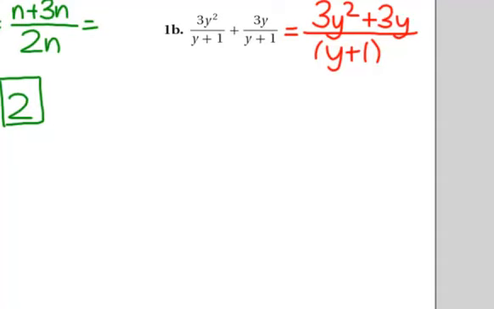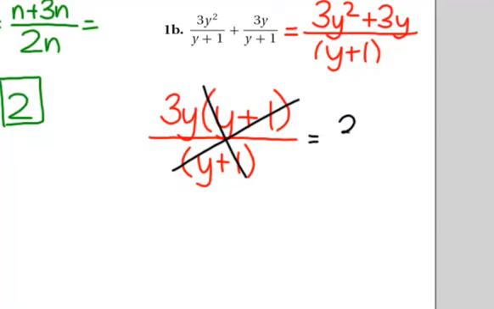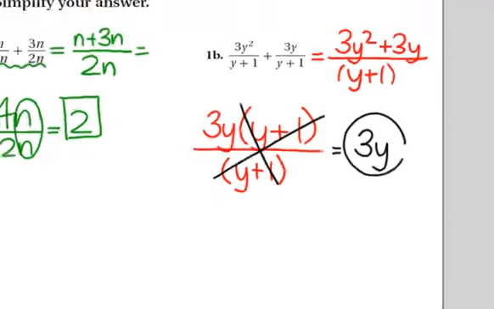So what do 3y squared and 3y have in common? Well, they both have a 3y that I can pull out. And if I do that, I'm left with y plus 1. And then it's all divided by y plus 1. And then awesome things happen, just like we've been doing before. This stuff crosses off, and all we're left with is 3y.